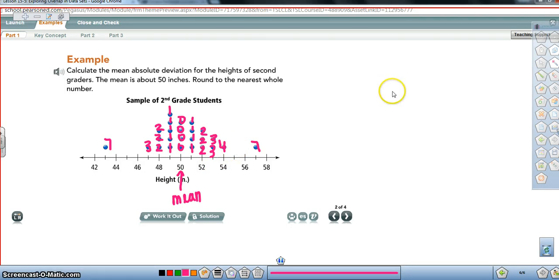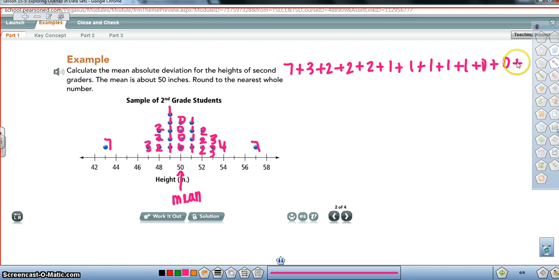Now we want to find the mean deviation. So we want to average all those numbers that we just wrote out. So we need to add 7 plus 3 plus 2 plus 2 plus 2 plus 1 plus 1 plus 1 plus 1 plus 1 plus 0 plus 0 plus 0 plus 0 plus 1 plus 1 plus 1 plus 1 plus 2 plus 2 plus 2 plus 3 plus 3 plus 4 plus 7.